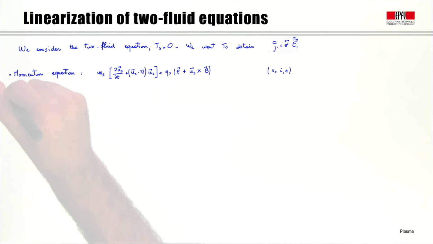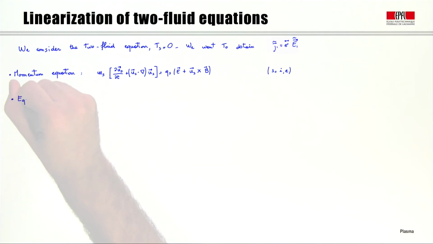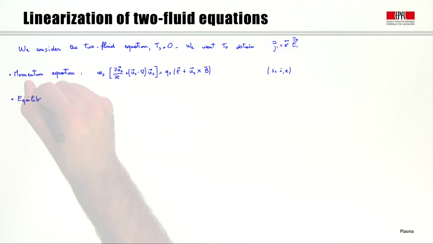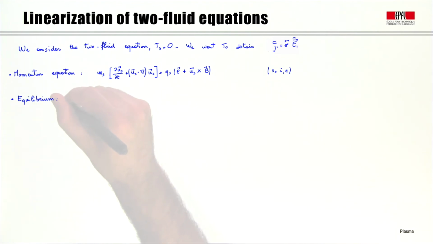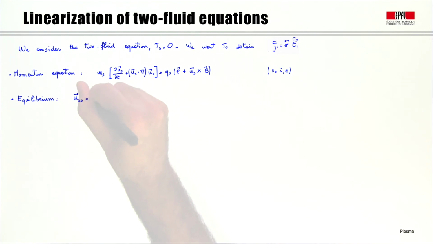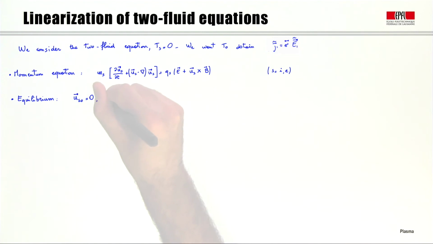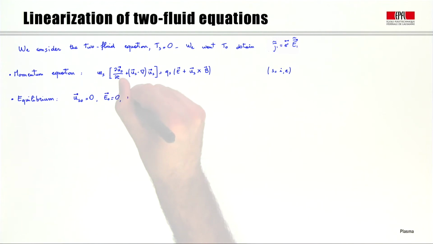We will assume that we are considering a static equilibrium, therefore with Us0 equal to 0, and that there is no electric field at equilibrium. So basically the plasma will be neutral in steady state. The species will have the same density, and therefore the equilibrium electric field will be equal to 0.